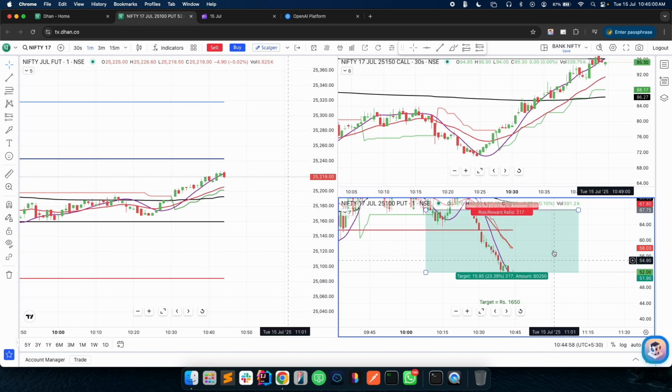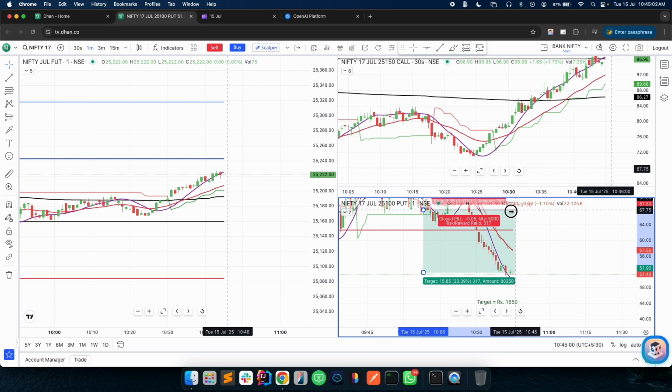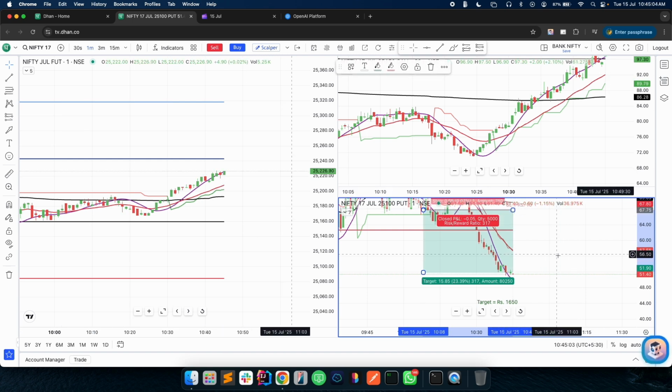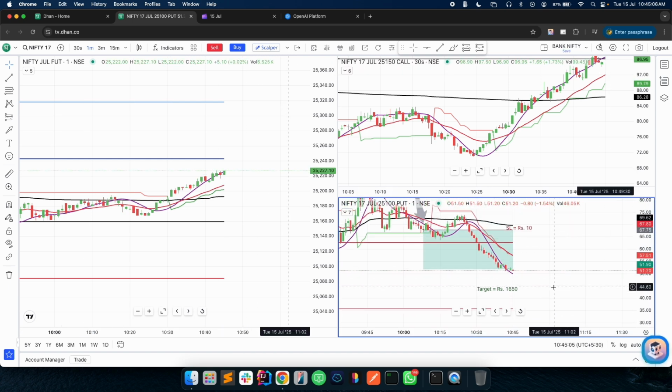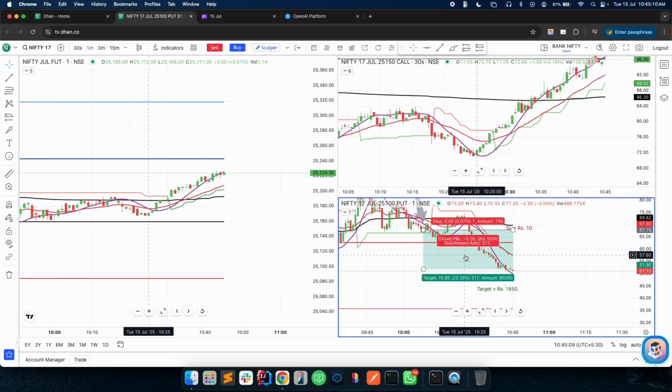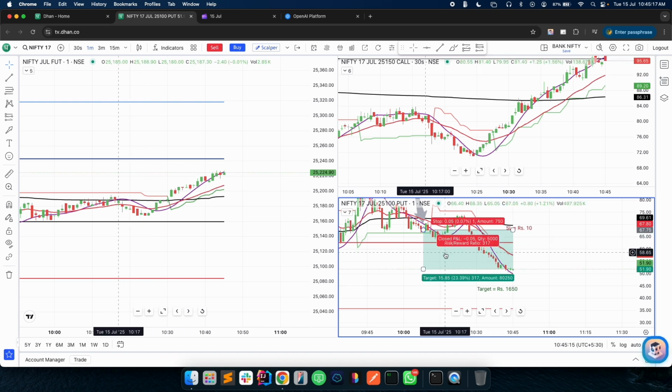Okay, so I just closed my trade at this area, this line, right? This gave us a profit of how much? 1 is to 1, right? So the target is 1. We made a 15 rupees profit. Initially, when we were taking the trade, it was just a 15 rupees stop loss. We got a 15 rupees target.